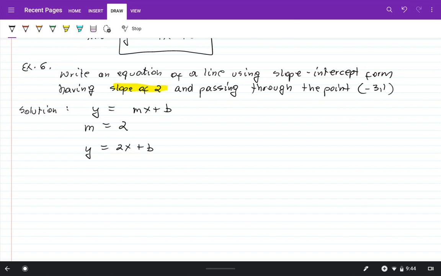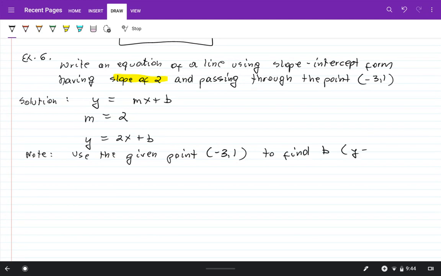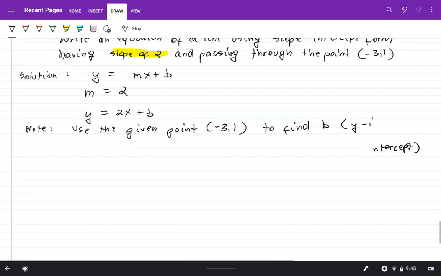Now, you don't know the y-intercept. So you're going to use the given point, (-3, 1), to find b, the y-intercept. What are we going to do?